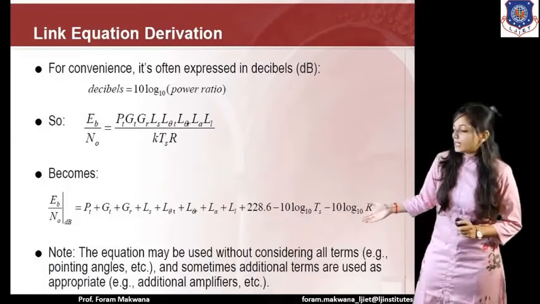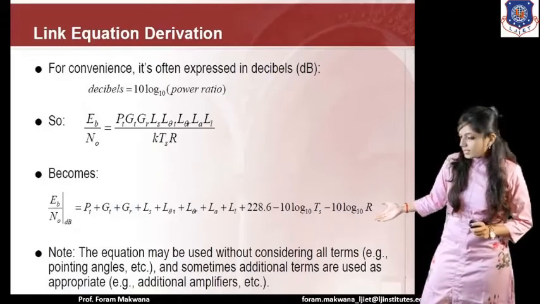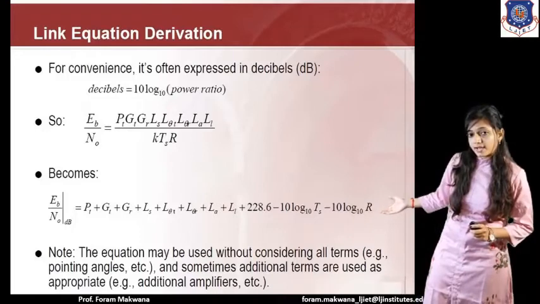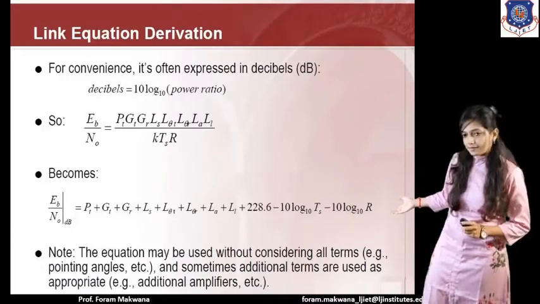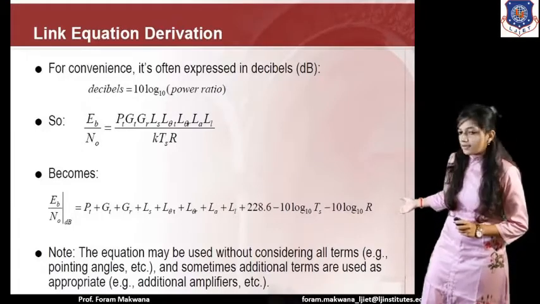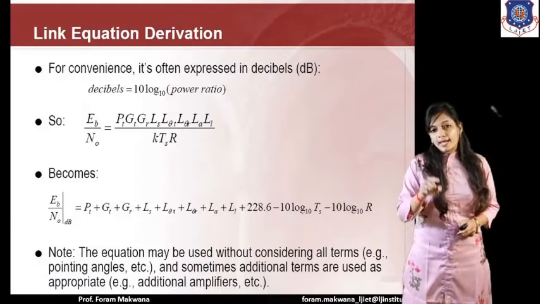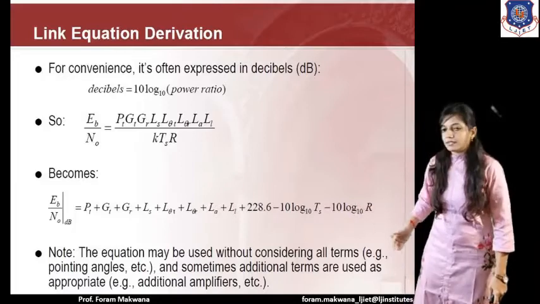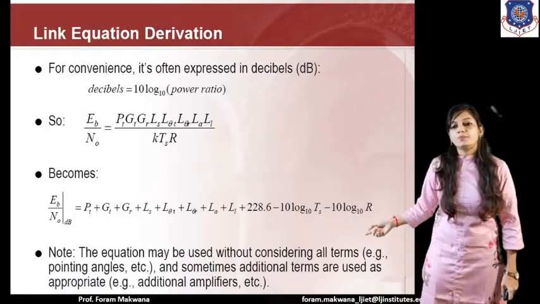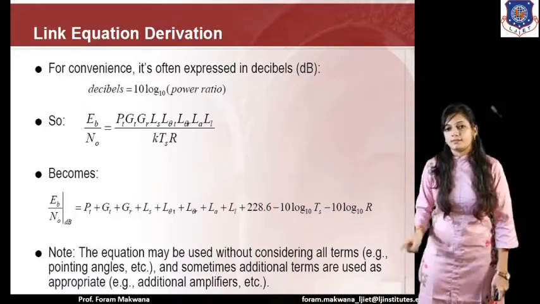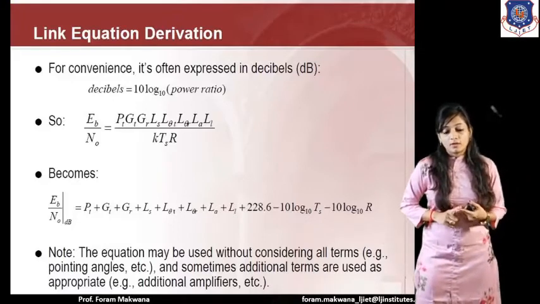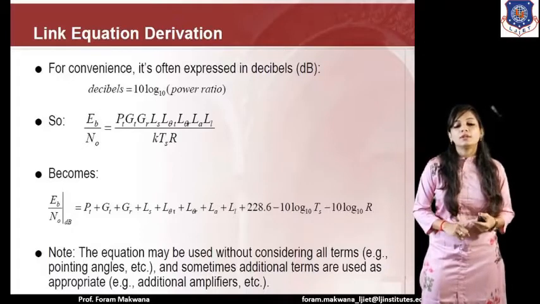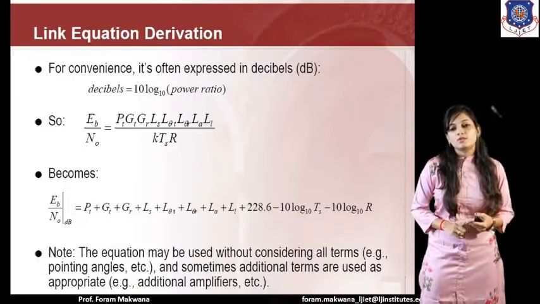So Eb upon N0 in dB is equal to PT plus GT plus GR plus LS plus L theta T plus LA plus LL. Now, K, Ts and R all are in the division, so we are going to place a minus sign. But we know the value of K. K is a Boltzmann constant, its value is 1.38 into 10 raised to minus 23.